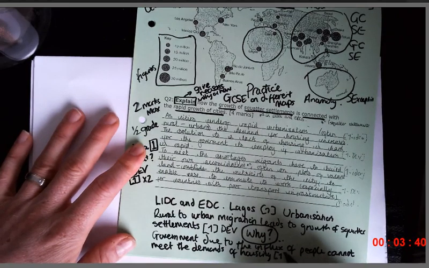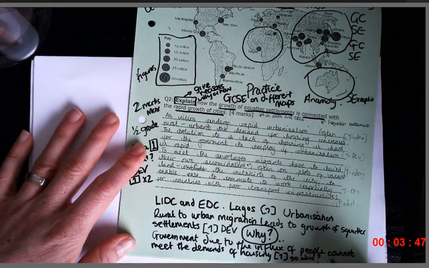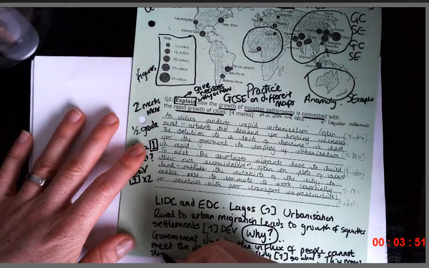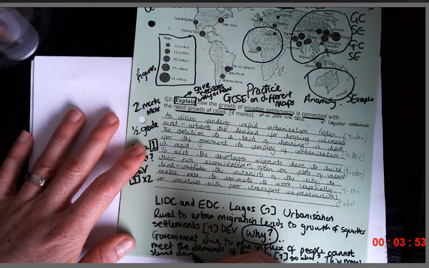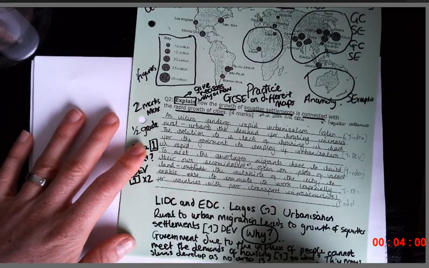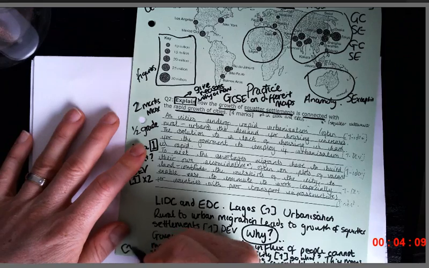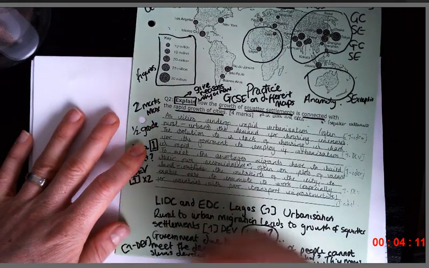There is our idea. We are then saying in our head, so what? What could I develop here? This means slums develop as no area is available to house migrants. That simple development is going to get your development mark here.